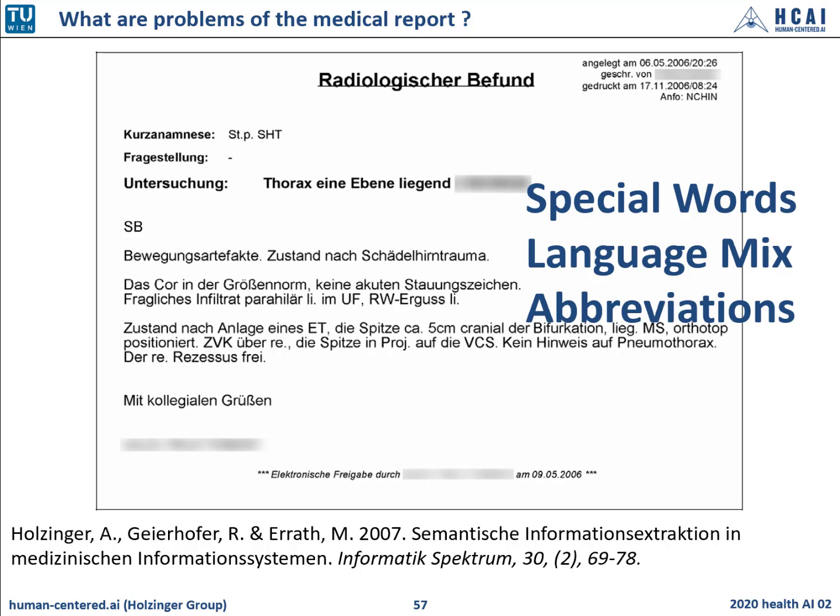A lot of abbreviations, and this is a big problem and brings us back to the question of ground truths. The abbreviations are often locally different, so every doctor can invent his own abbreviations, and there are some local specifics, and we are far away from this international standardization.